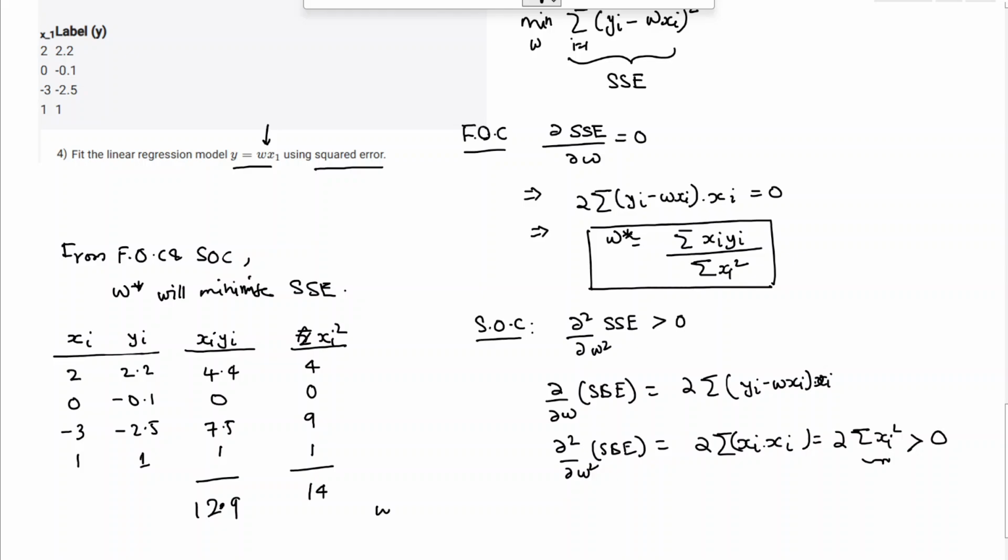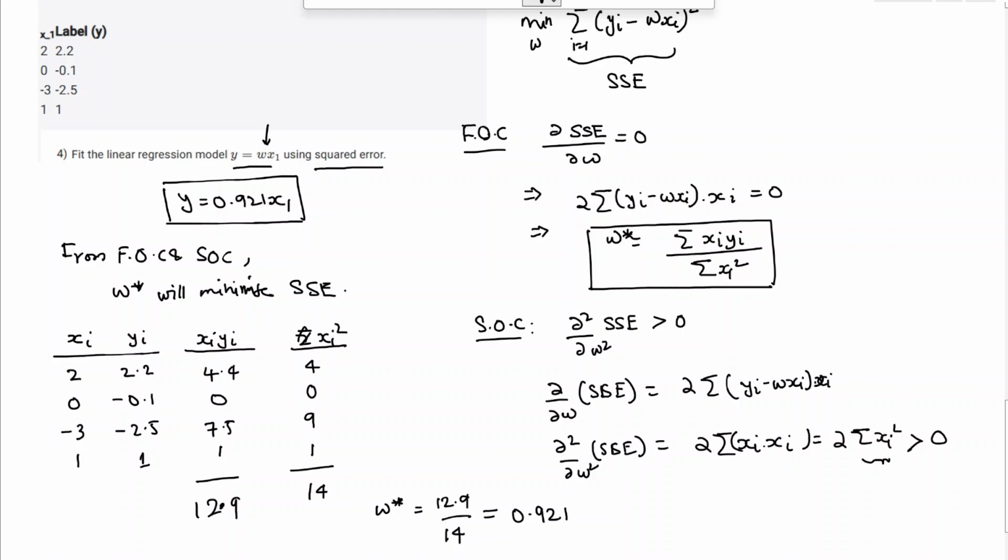So w star is nothing but 12.9 divided by 14, which is equal to 0.921. So the regression model is y equals 0.921 x1.